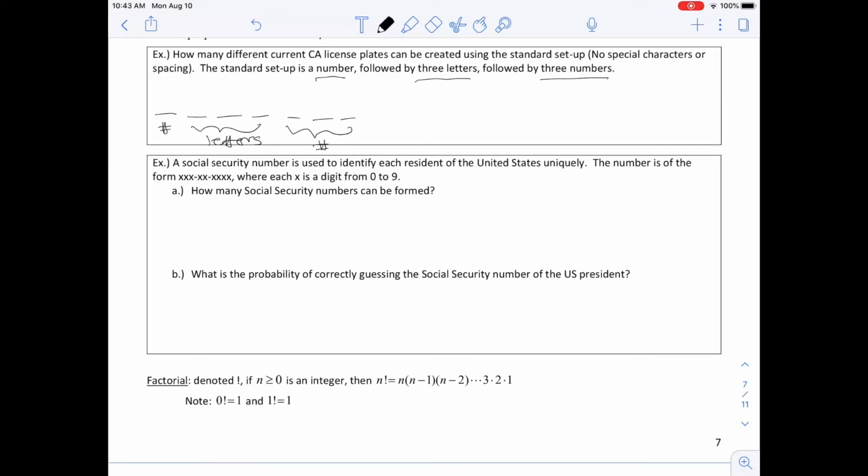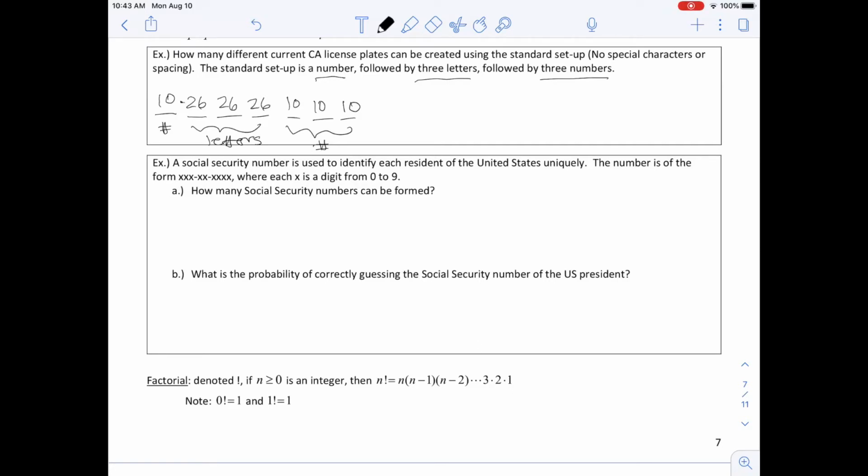Here, we write down how many different possible numbers there are. There are 10 total. And letters, 26 letters in our alphabet, again no special characters, and it doesn't say anything about them not repeating. And then numbers again, 0 through 9, there are 10.